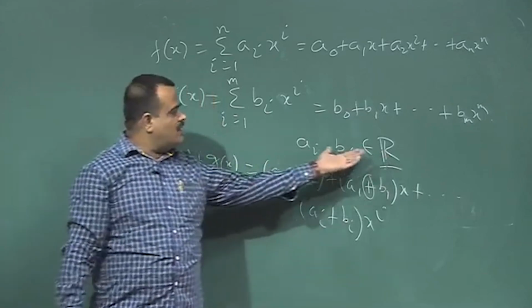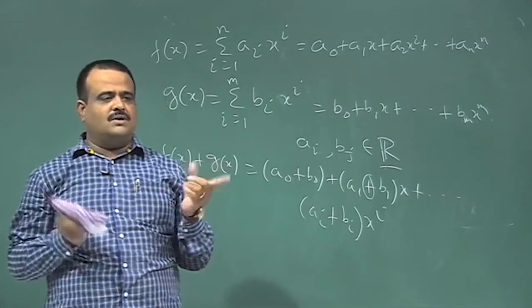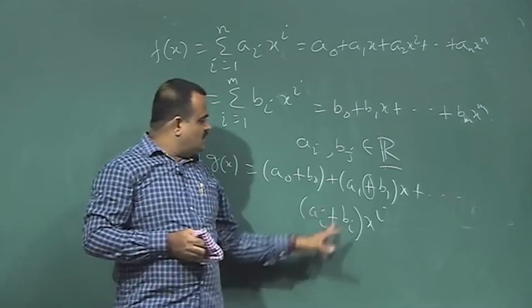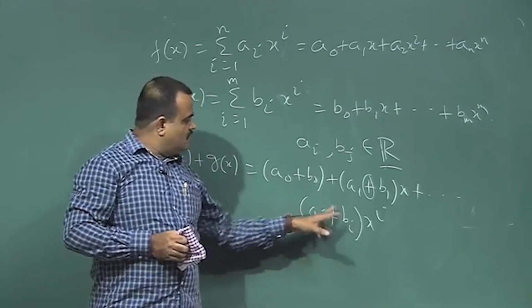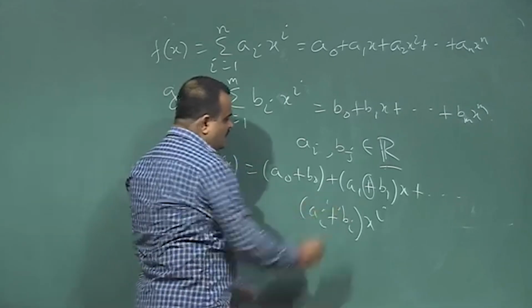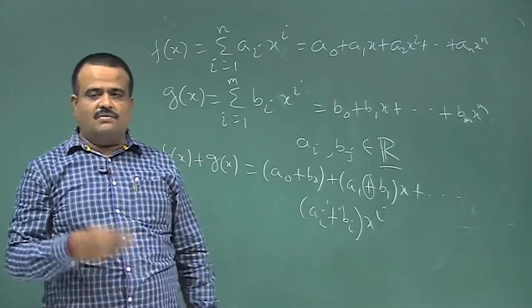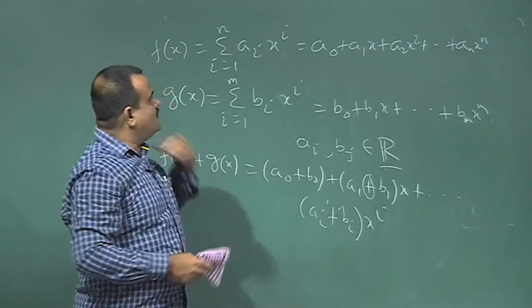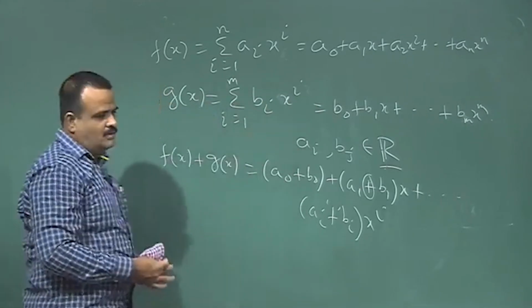In the ring or in the field we have two operations, addition and multiplication. So, we can add two coefficients, two elements coming from that ring or field. So, basically we are doing the addition over the coefficients.